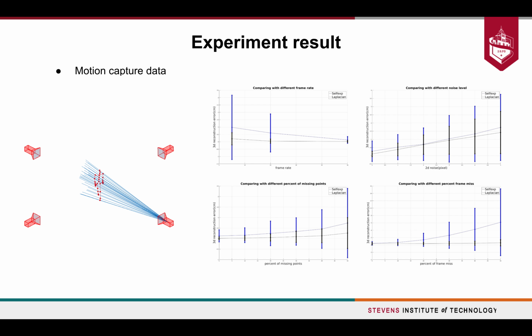Self-expressive optimizes the self-expressive error minimization and penalizes each frame equally, but we use this out degree to weight those frames. So we are basically the same when dropping frames, and self-expressive has a big error.